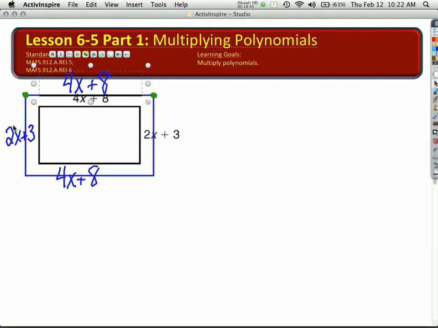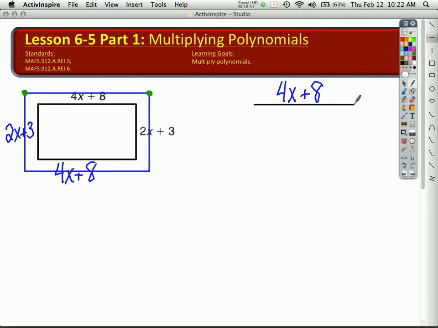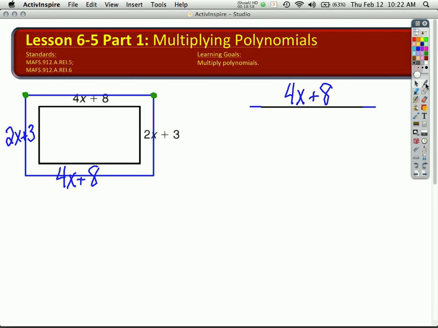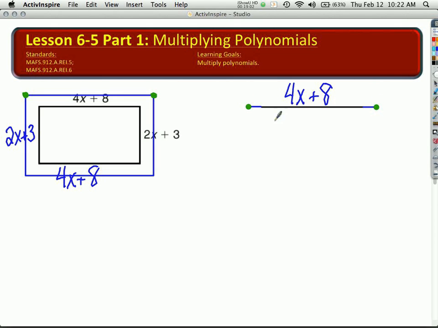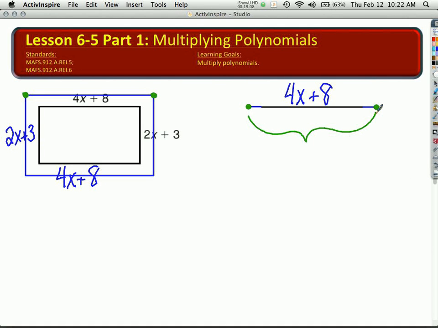So let's talk about that. What we're doing is adding on a small line over here, and a small line over here. And now I want to know the distance from here to here. What is the distance?